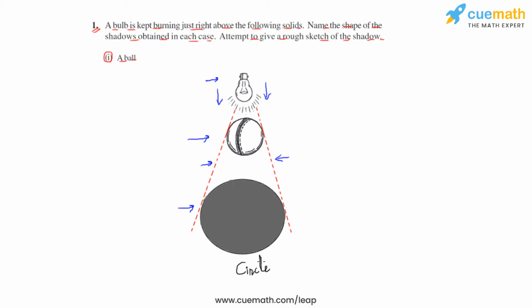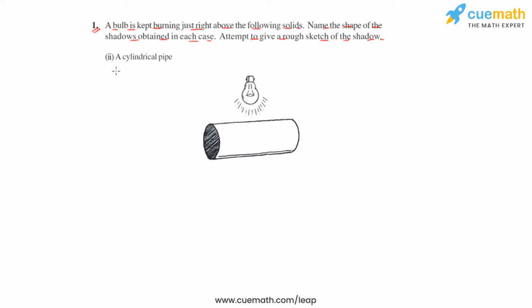Let us now move on to the next solid of the question. So the next solid of the question is a cylindrical pipe, as we can see here in this figure. And again, the cylindrical pipe is placed under this lamp, and the lamp is present just above the cylindrical pipe. So the shadow will be formed in this direction.